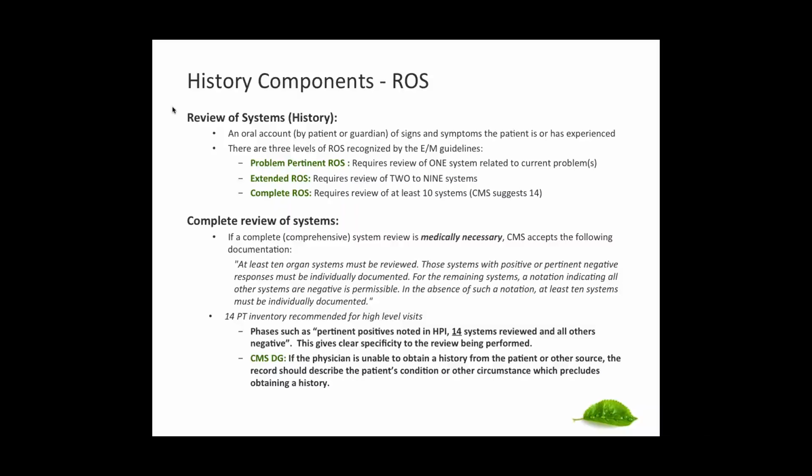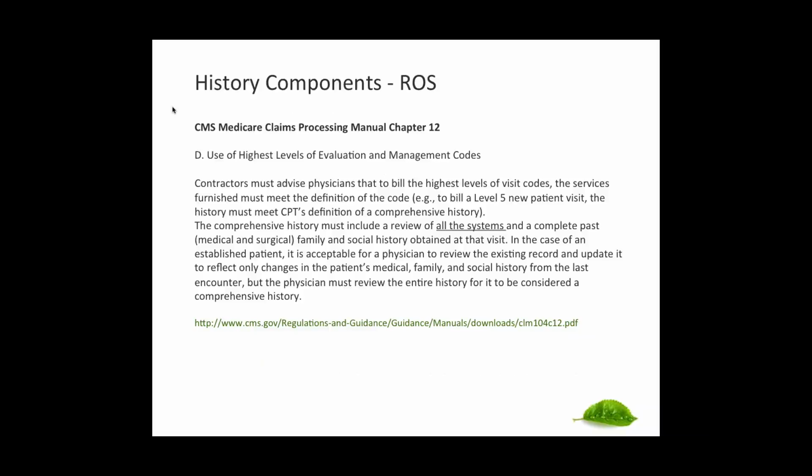There is a slide, I think it's the next one right here, and this is actually found in the Claims Processing Manual, Chapter 12. And interestingly enough, in that second paragraph, a comprehensive history must include a review of all the systems and a complete past medical, surgical, family, social history obtained at that visit.